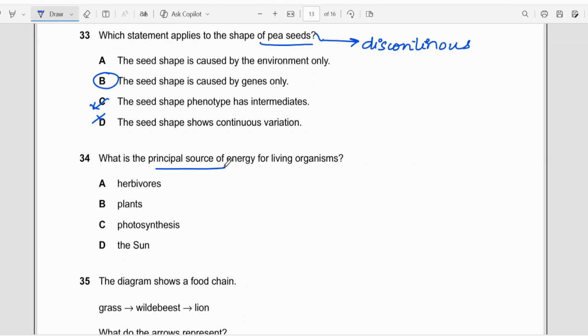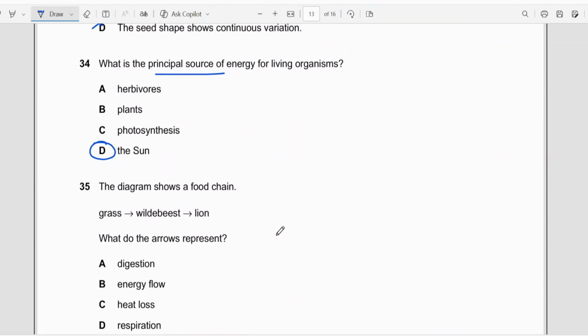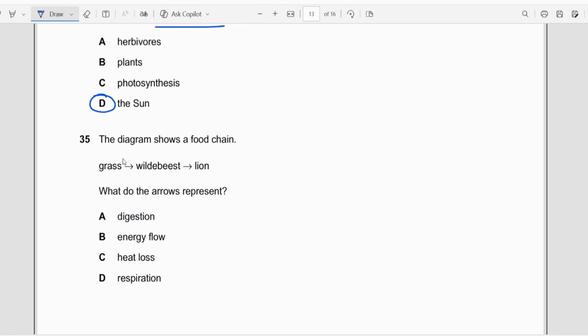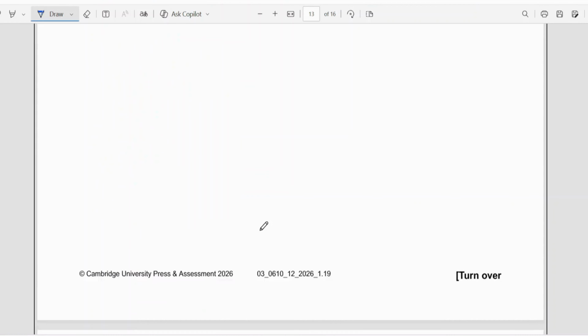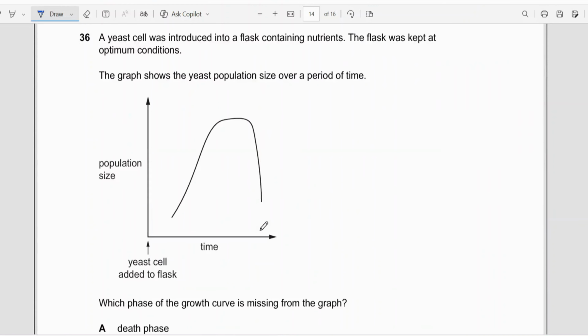What is the principal source of energy? Sun. A food chain is given. What is the meaning of the arrows that we use to represent energy flow? Good. Which phase is missing in this population sigmoid curve?